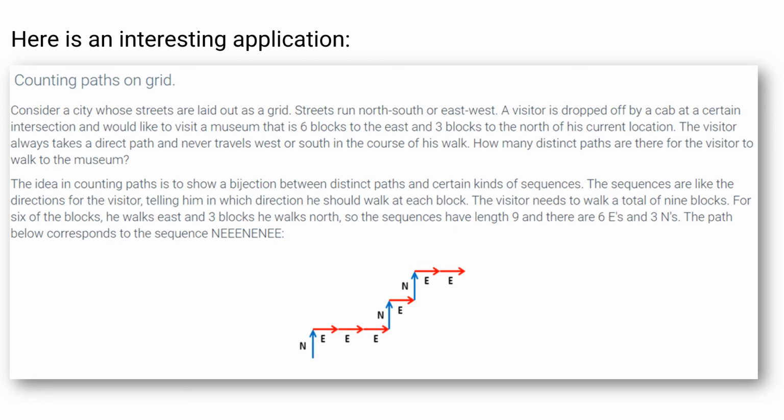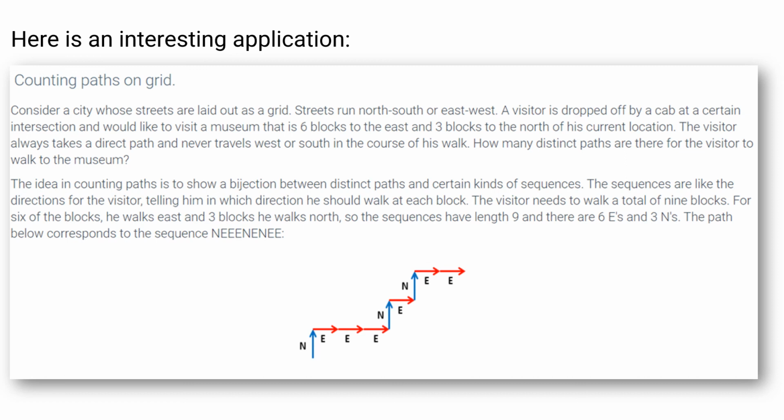So you see this picture down here is, imagine him starting at the bottom, and he needs to get to the top here. And let's see, 6 blocks east and 3 blocks north. And if you count the blue arrows, those are going north. There's 3 of those, and then there's 6 going east.